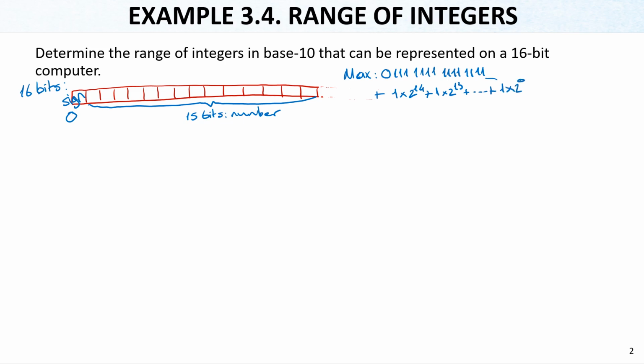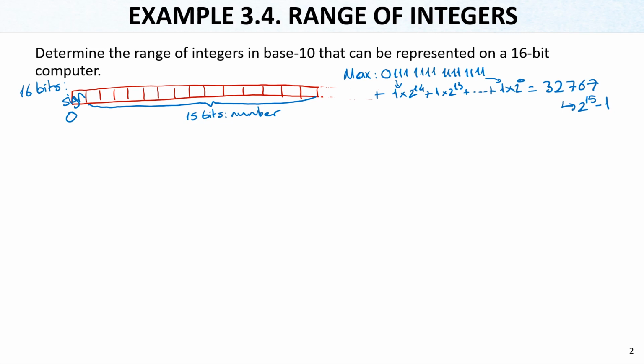If we sum this up, the final result is 32767. We can also define this as 2 to the power 15 minus 1.